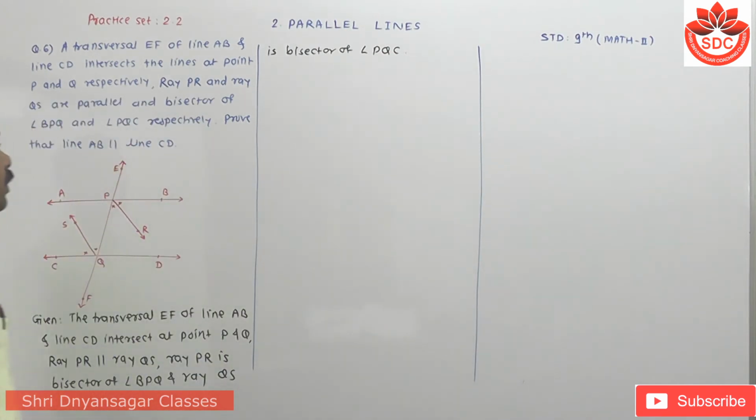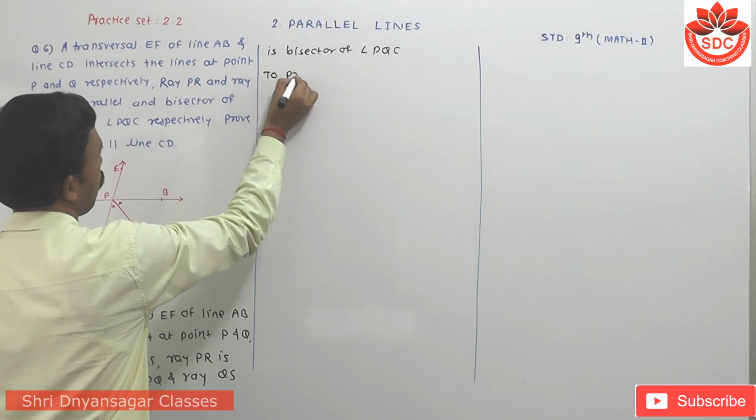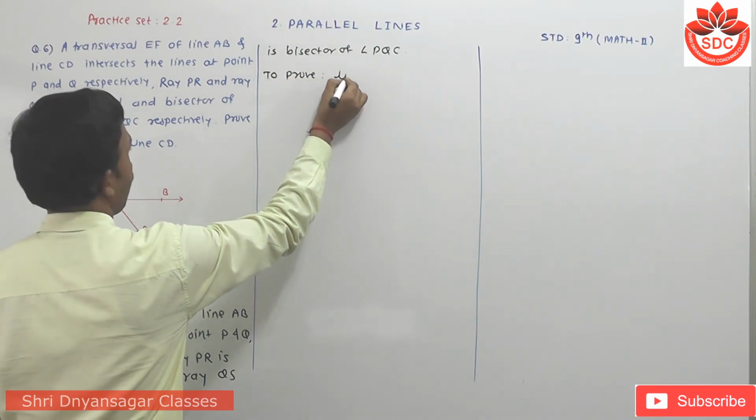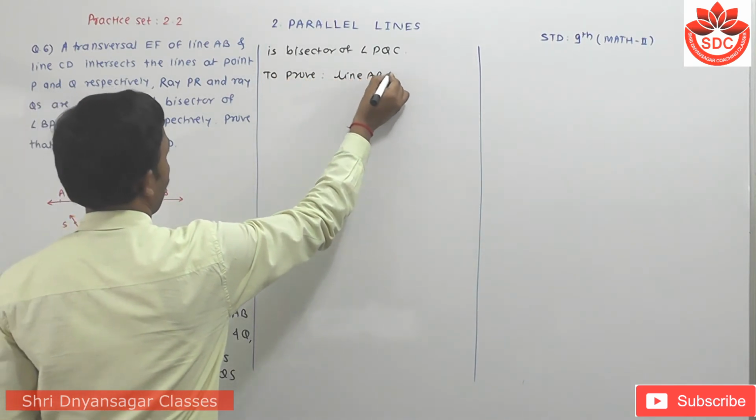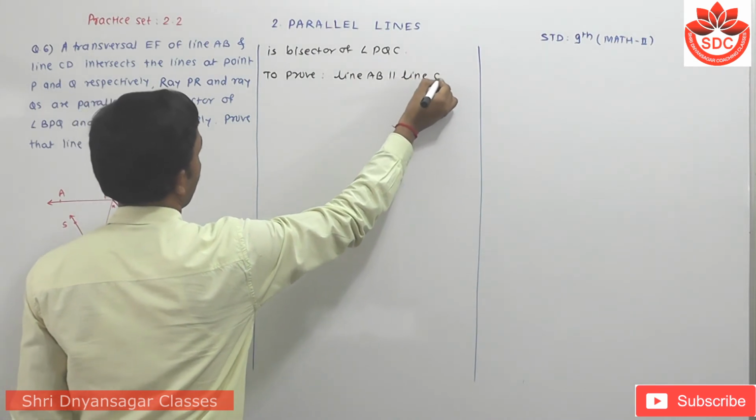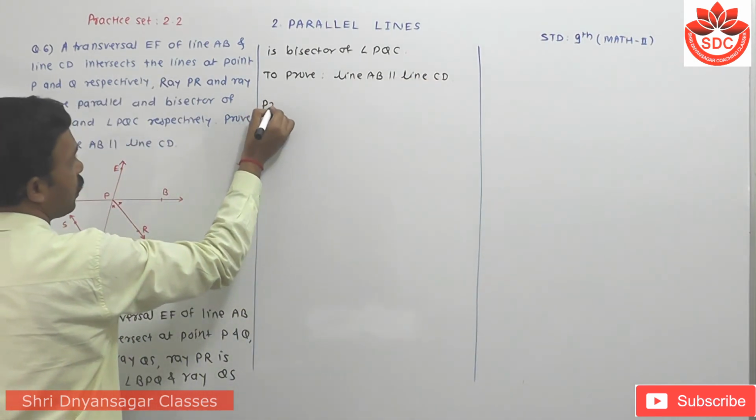This is given here. Up to this, then to prove is this one: this line AB is parallel with line CD.